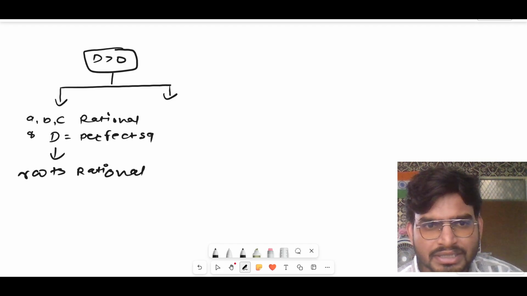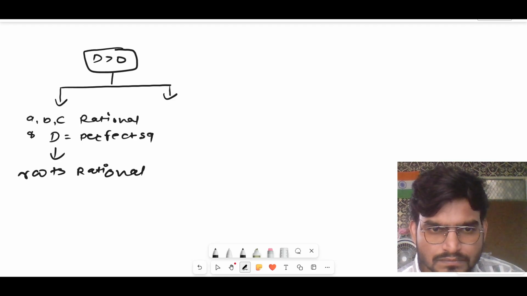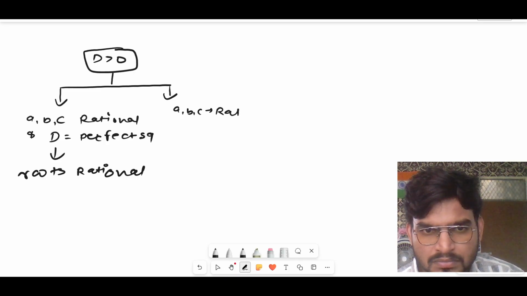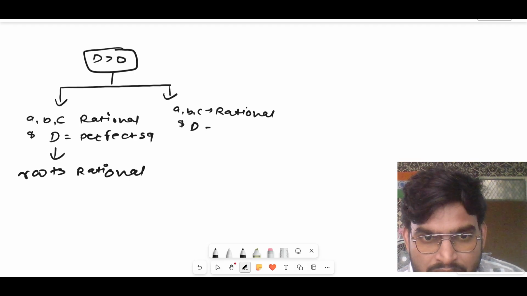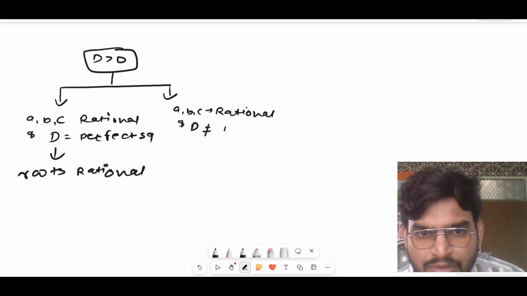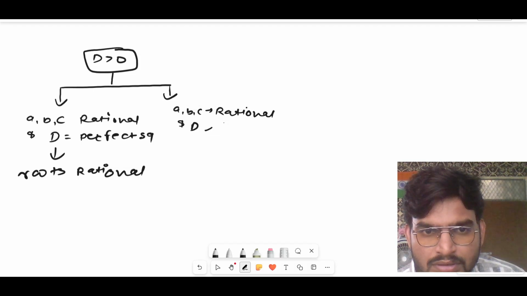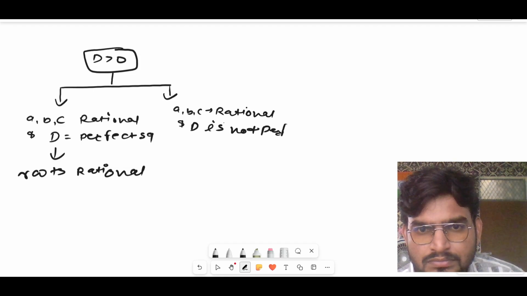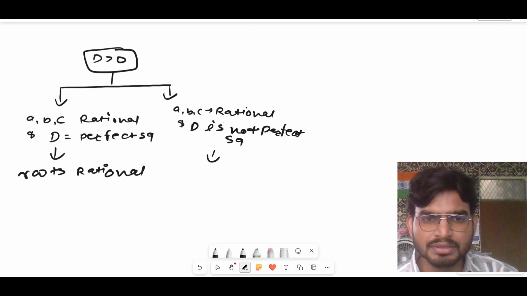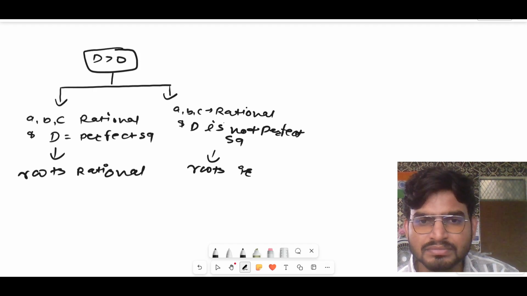And in the other case, a, b, c are rational and D is not a perfect square, then the roots will be irrational.